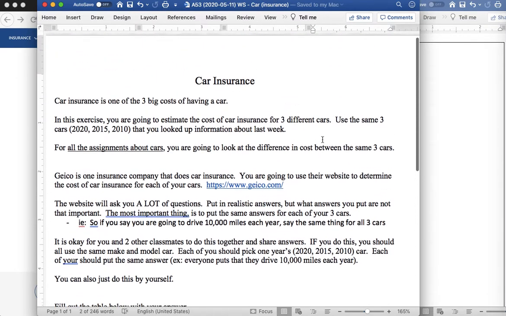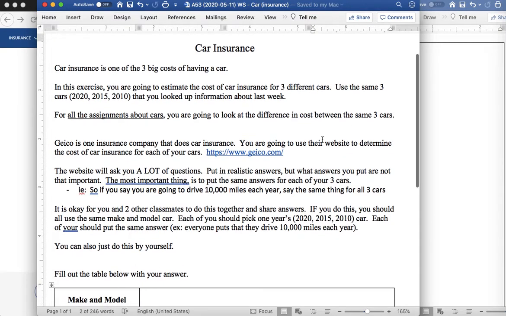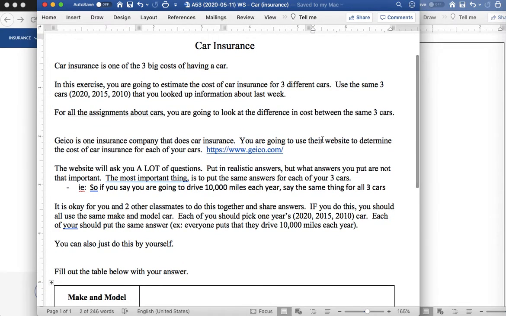Insurance costs: you are required to have insurance in order to drive a car. The cost of insurance can be very, very different, depending both on how much insurance you want and who you are. The most low-cost minimum insurance you are required to have only covers the other person that you might hit.